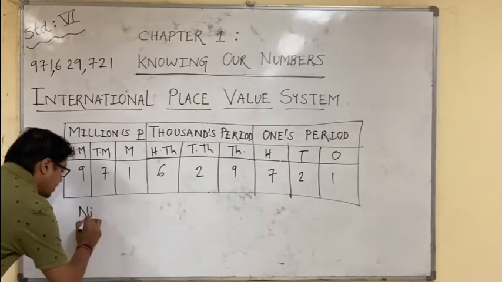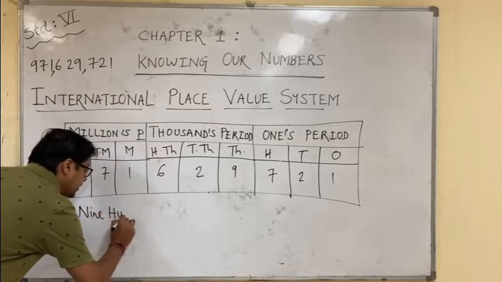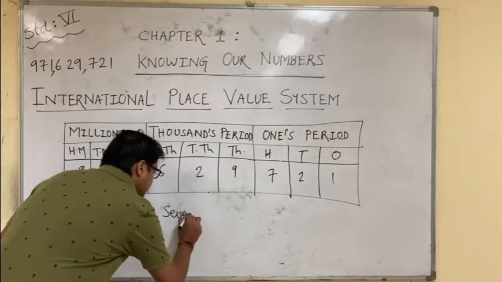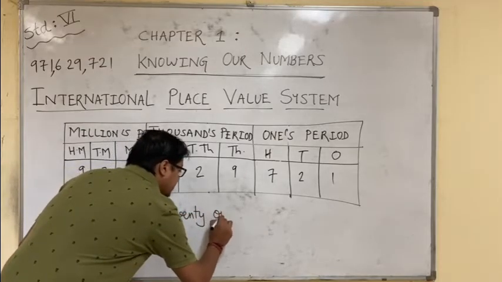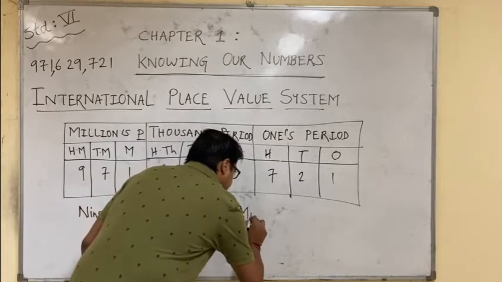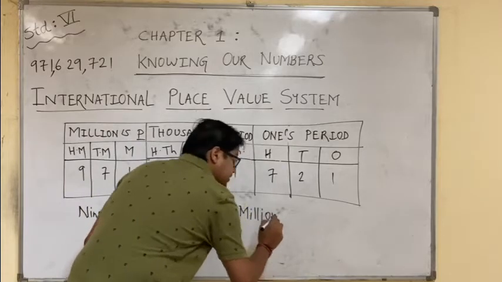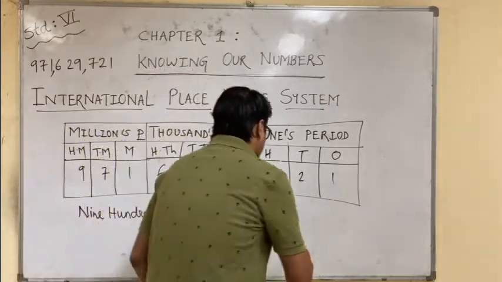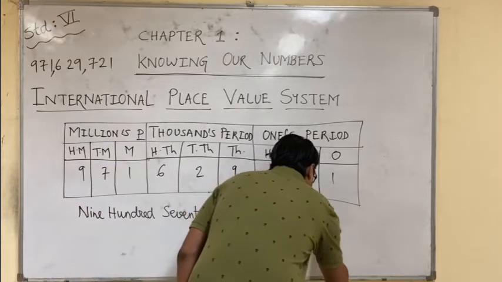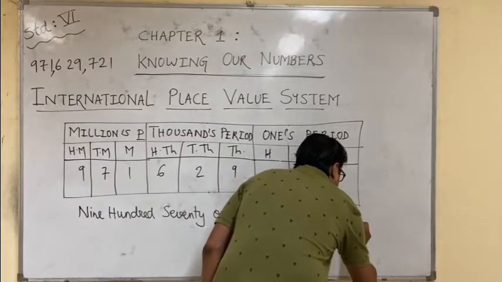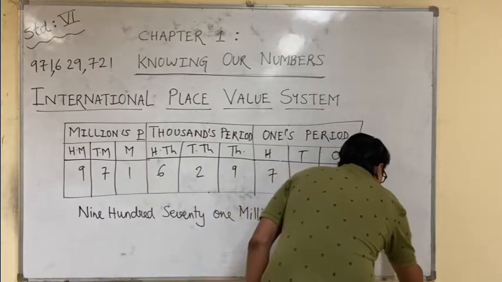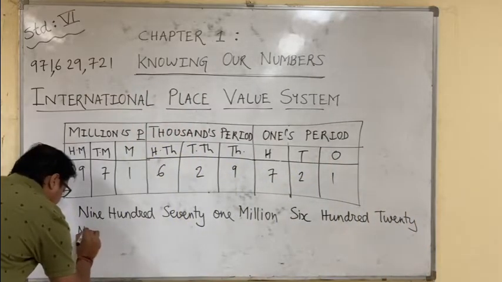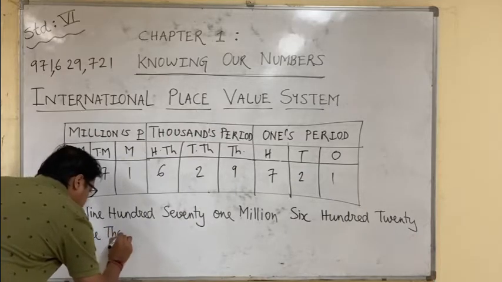971 million. It is not millions, it is million. Okay, 629 thousand.